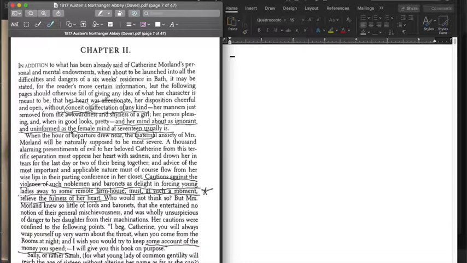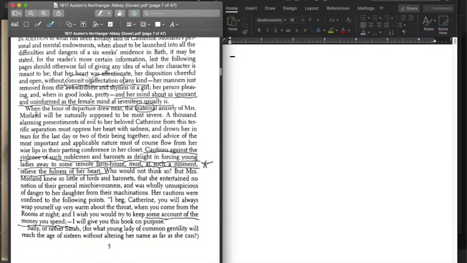Her mother is too fertile to be a proper Gothic mother. Her father is just pretty nice, and he's not a monster like Manfred.